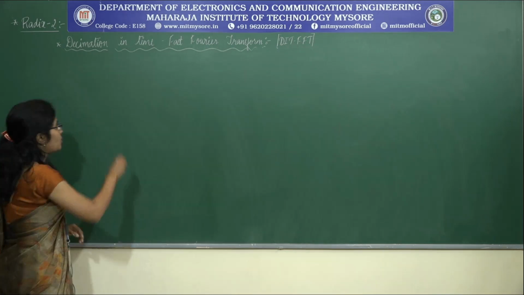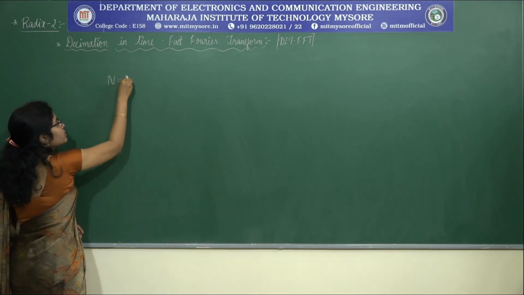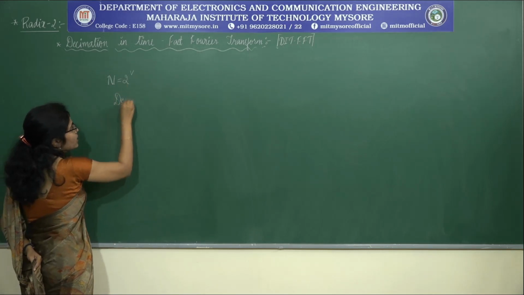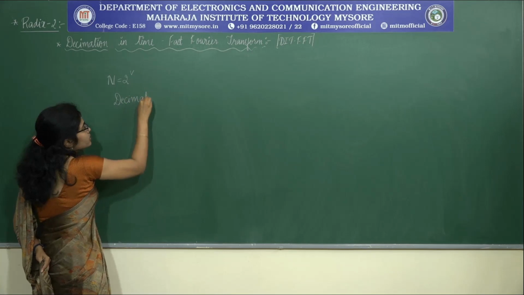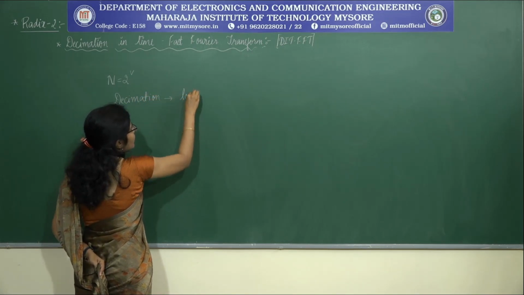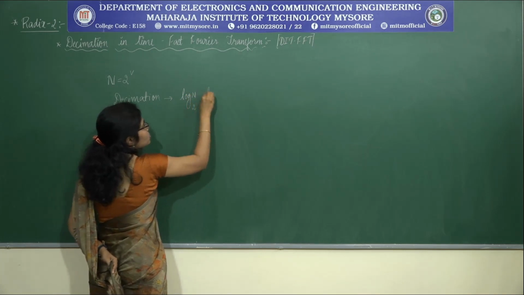To compute an n point DFT, where n is equal to 2 power v, the number of decimations we can do is log n to the base 2.